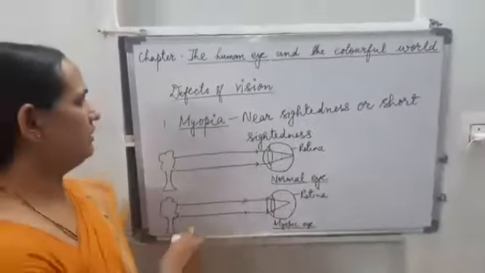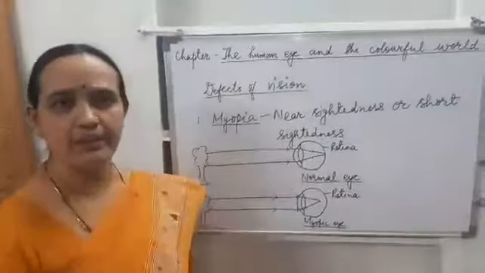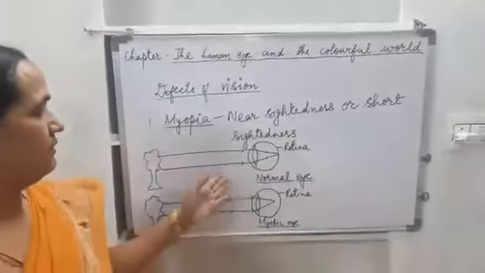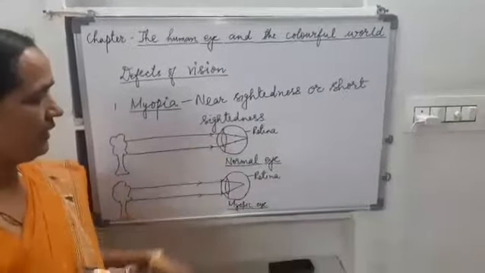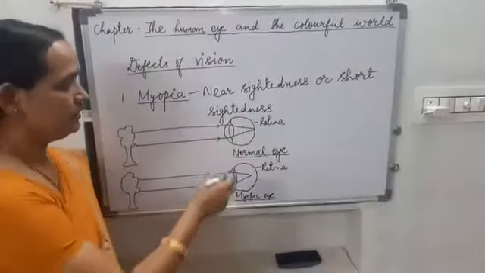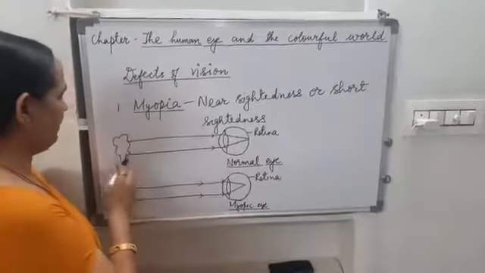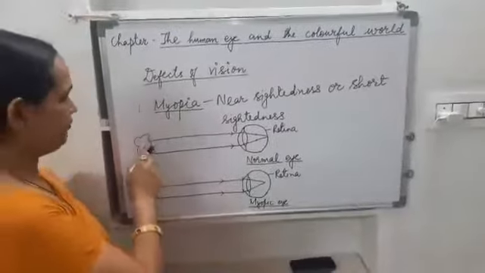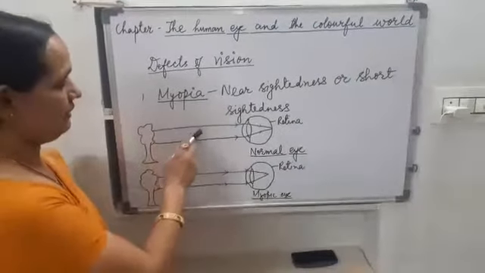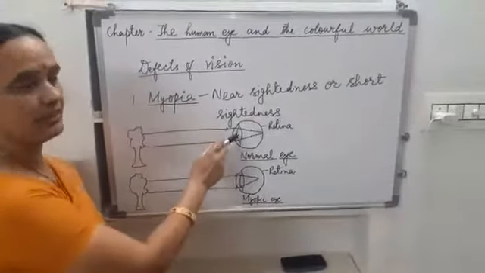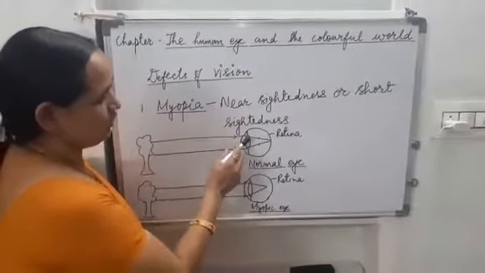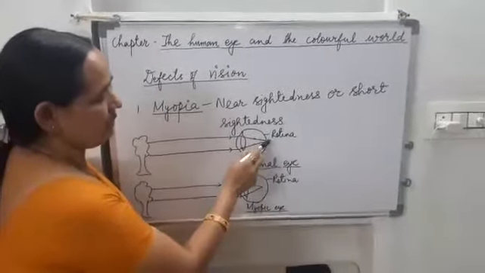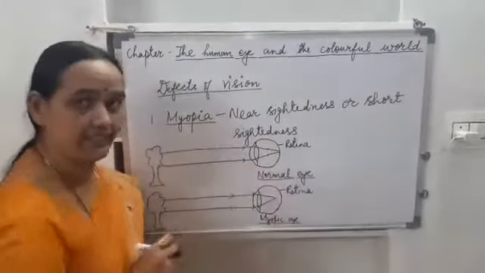So children, to understand this myopia, let us concentrate on this picture. I have drawn a picture of a normal eye and a myopic eye here. The incident light rays from a distant object fall parallel to the eye, and after converging through this lens, an image is formed on the retina here.